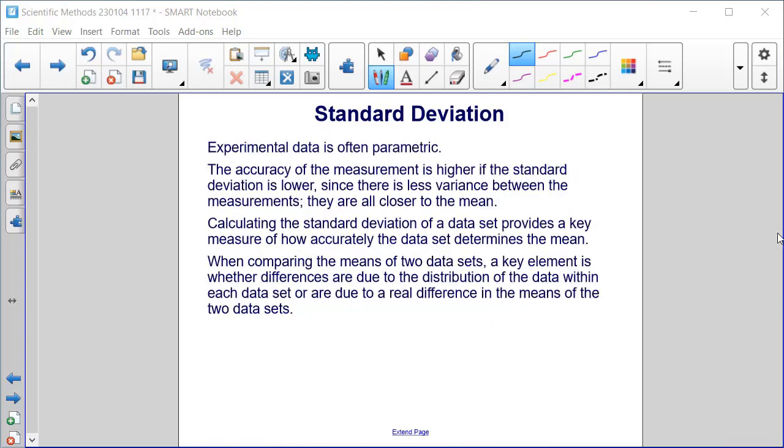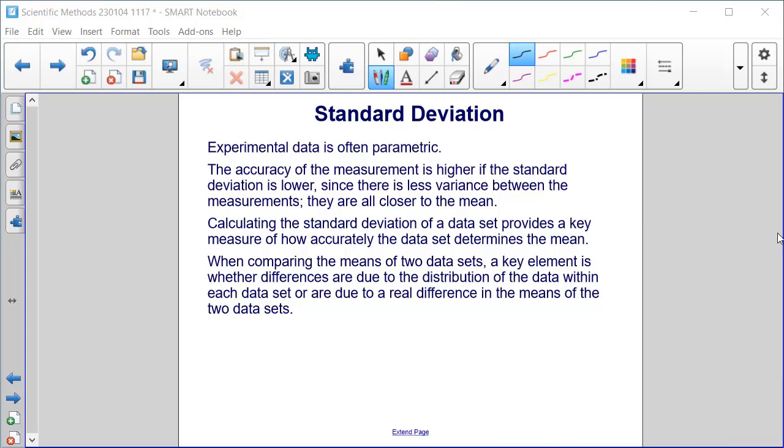Experimental data is often parametric. The accuracy of the measurement is higher if the standard deviation is lower, since there's less variance between the measurements. They're all closer to the mean. Calculating the standard deviation of a data set provides a key measure of how accurate the data set determines the mean.